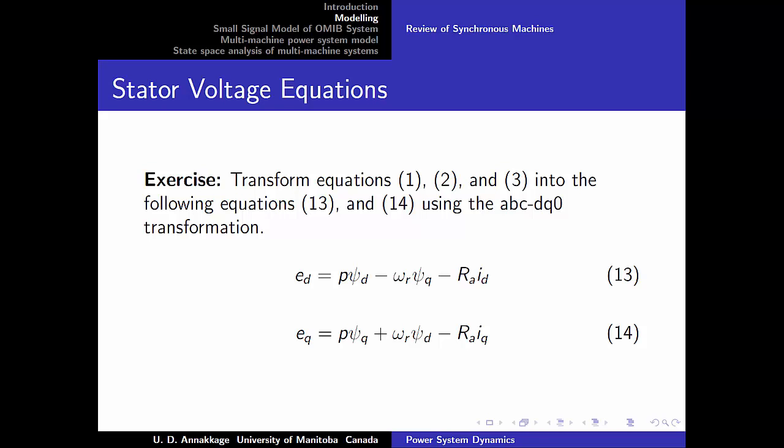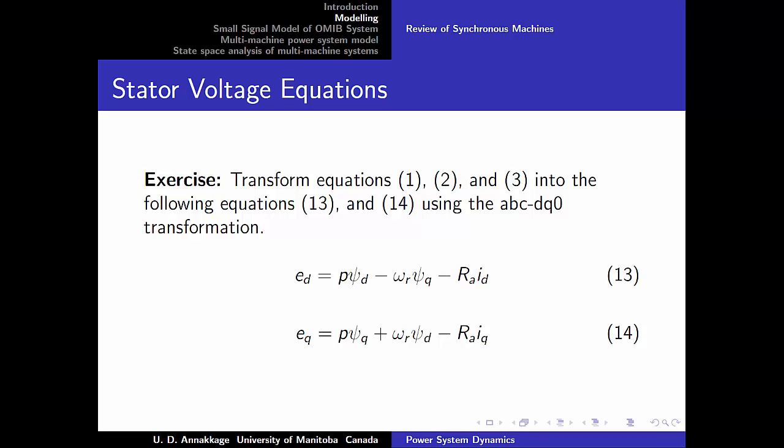That's the voltage induced due to the rotation. The rotational term in the d-axis voltage is proportional to the q-axis flux, and the rotational term in the q-axis voltage is proportional to the d-axis flux. The positive and negative signs are due to the choice of positive direction of rotation. In our case, it's anticlockwise.